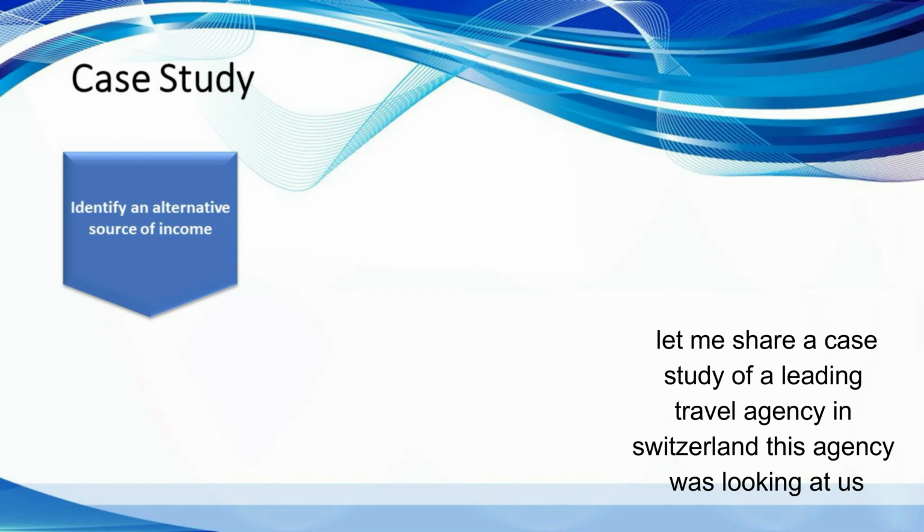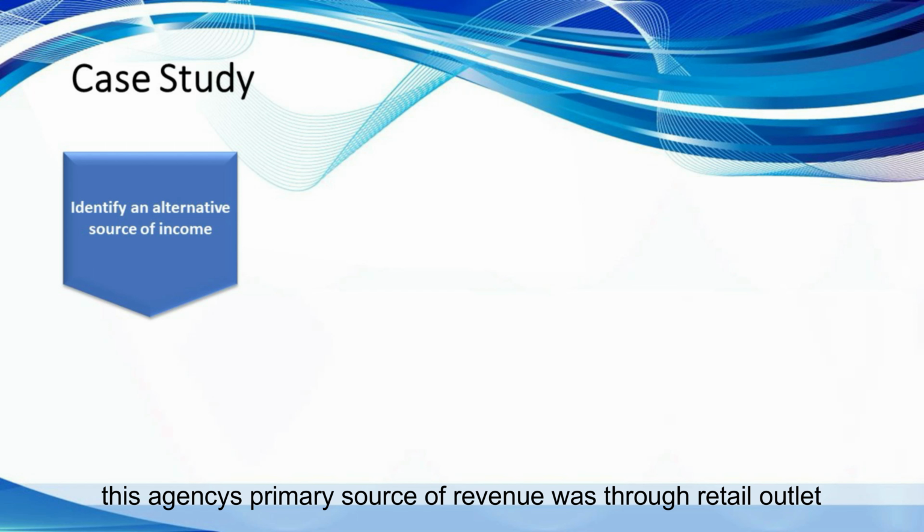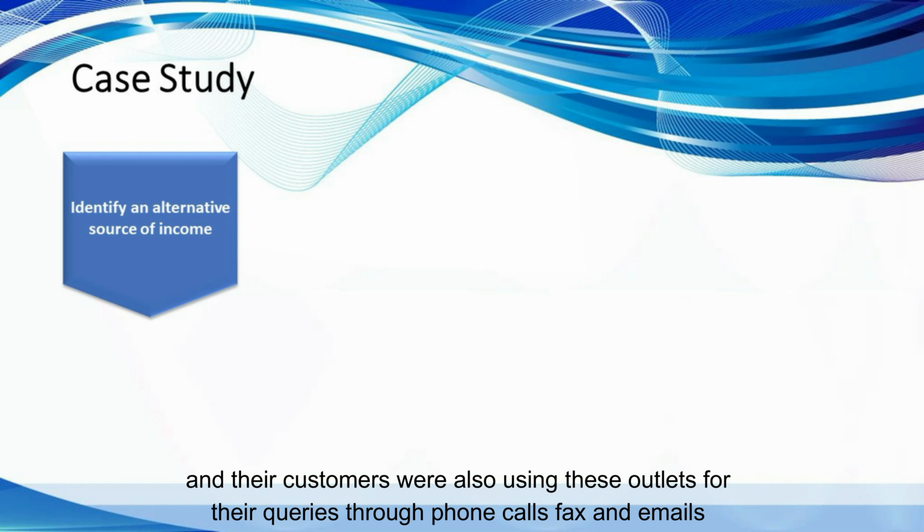Let me share a case study of a leading travel agency in Switzerland. This agency was looking at us to identify an alternative source of income. This agency's primary source of revenue was through retail outlets, and their customers were also using these outlets for their queries through phone calls, fax, and emails.